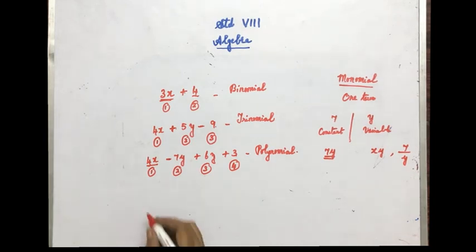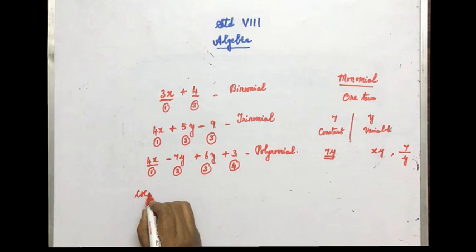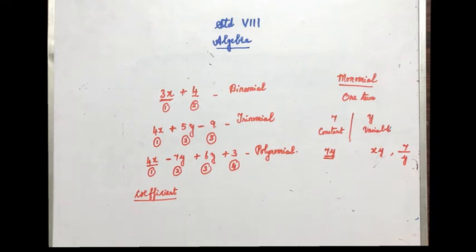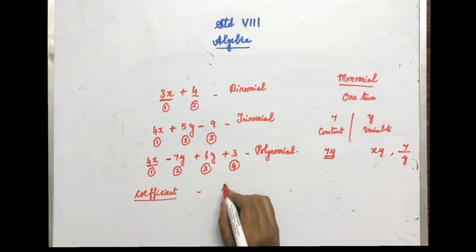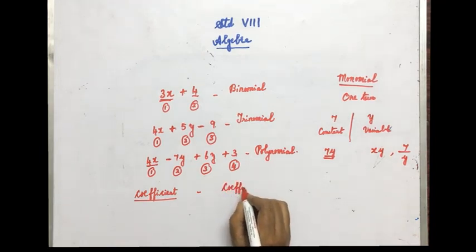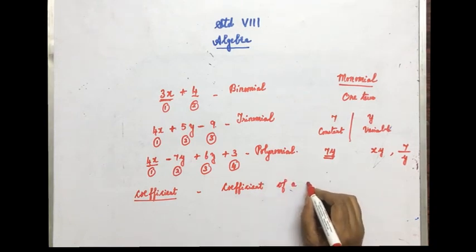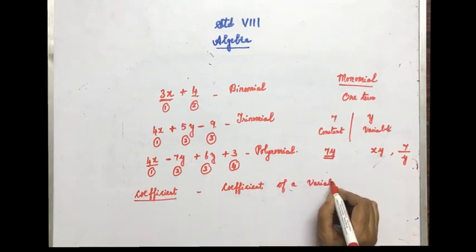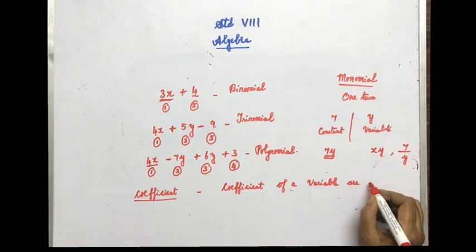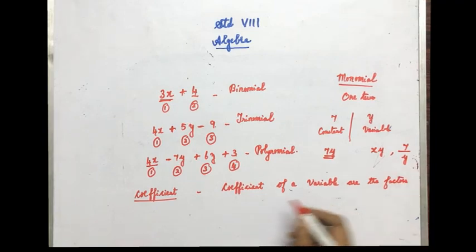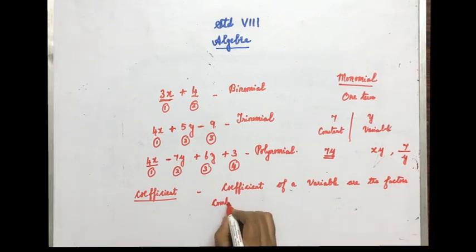Next we are going to see coefficient. So the coefficient of a variable are the factors combined with the variable.